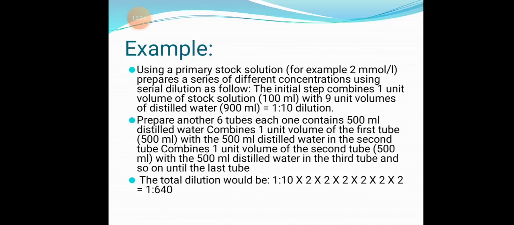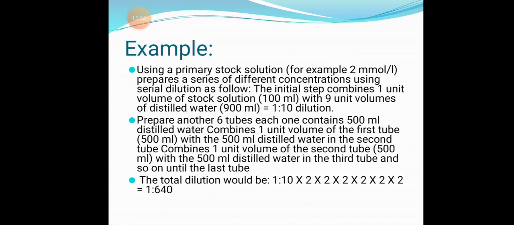Example: using a primary stock solution, for example 2 millimolar, prepare a series of different concentrations using serial dilution as follows. The initial step combines 1 unit volume of stock solution, 100 ml, with 9 unit volumes of distilled water, 900 ml, which is a 1:10 dilution. Prepare another 6 tubes, each containing 500 ml distilled water.